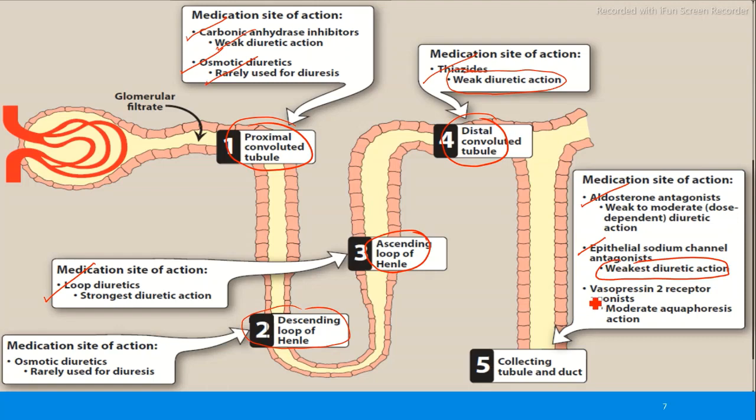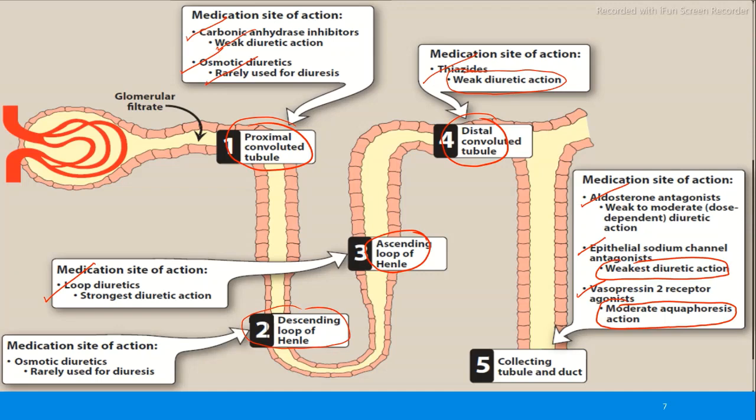Then we have the next category, vasopressin 2 receptor agonists. These agents produce a moderate aquaresis action. What does that mean? Vasopressin is also called ADH, and whatever action ADH has, the same action these agonists will have on this part of the nephron tubule.